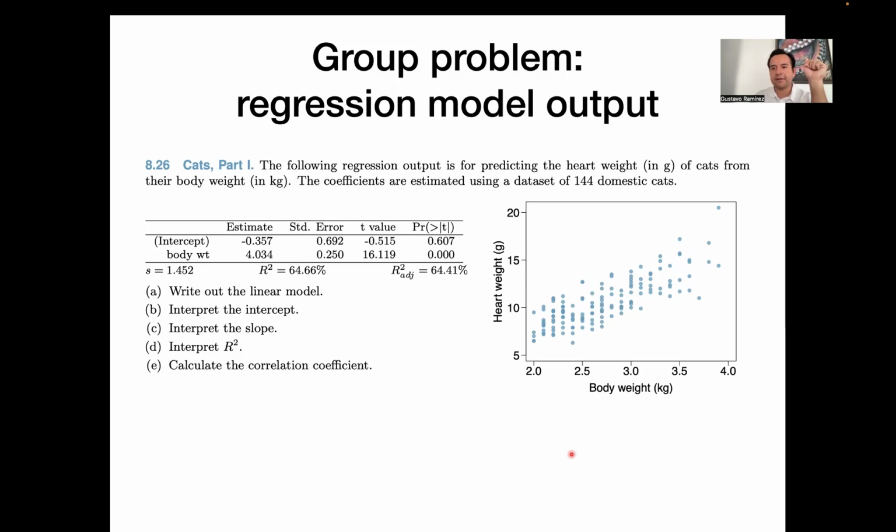We'll get to that eventually, like how to do hypothesis inference based on linear models. For now, we're just tasked with doing the same kind of question routine that we had in the last example. We're even giving R square. So we're going to write out the linear model, interpret the intercept, interpret the slope, interpret R square, and calculate the correlation coefficient.